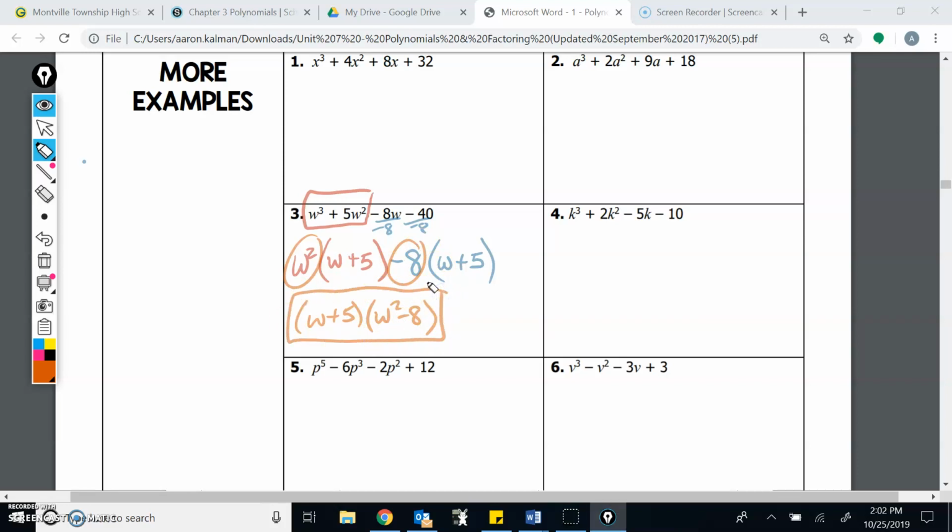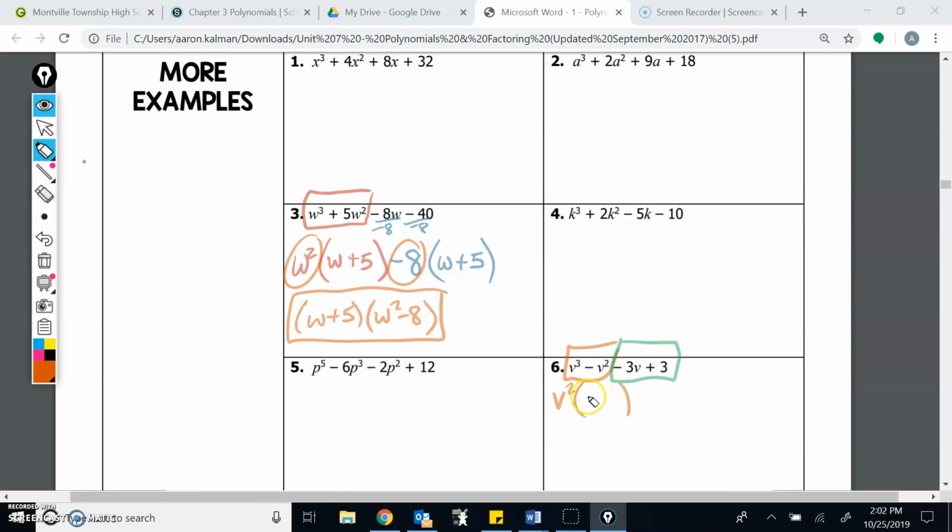Distribute to make sure your answer is correct. Now let's do another one. Let's do number 6. Let's split this down the middle and make two binomials. We got an orange one on the left and we got a green one on the right. The orange one, let's look at that GCF. The GCF is a v squared.